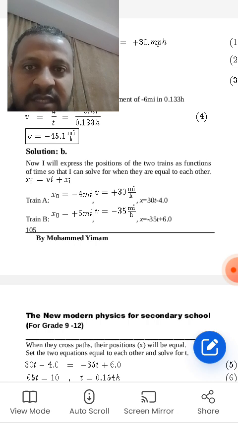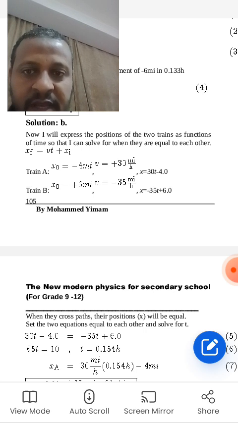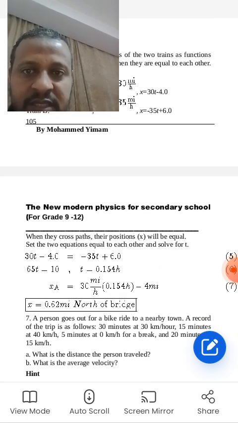Train B, x naught is equal to plus 6 miles, V is equal to minus 35 miles per hour. So x is equal to minus 35t plus 6.0.